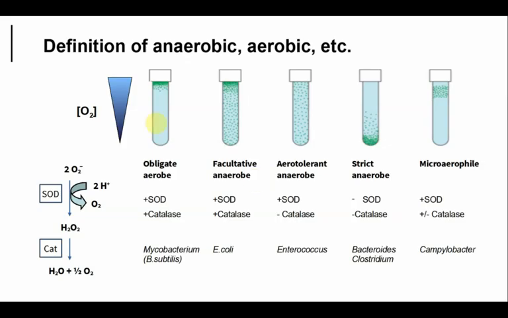That produces this oxygen radical as a kind of harmful byproduct of aerobic respiration. So the concentrations of these oxygen radicals that obligate aerobes and facultative anaerobes are confronted with are much higher.